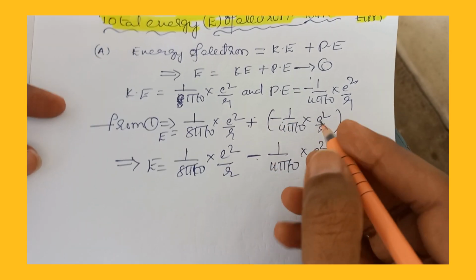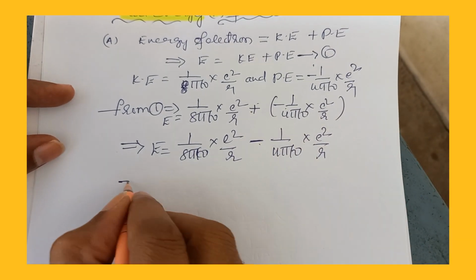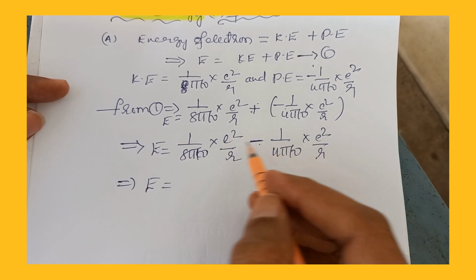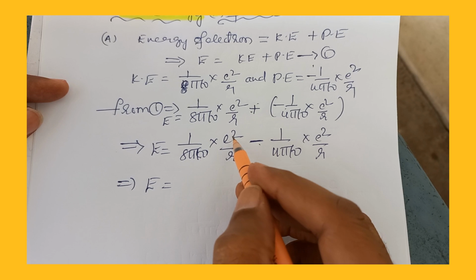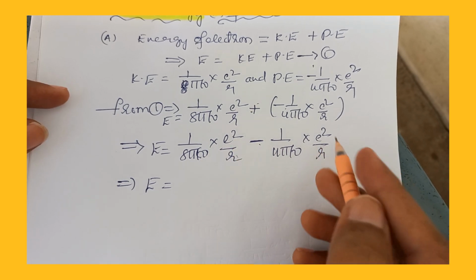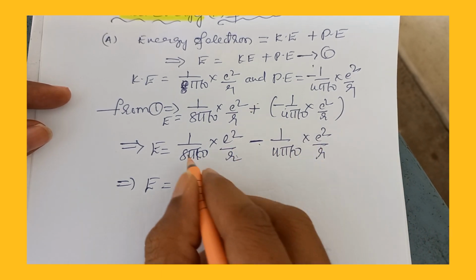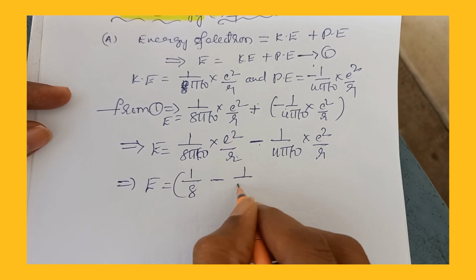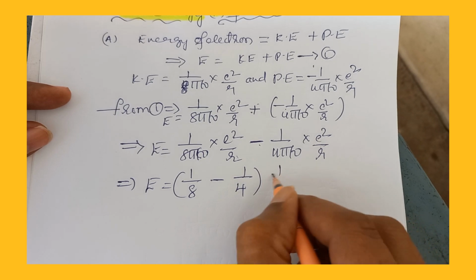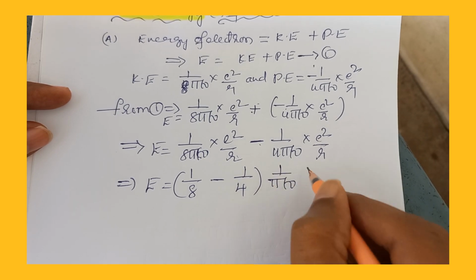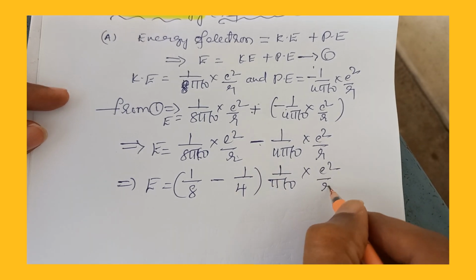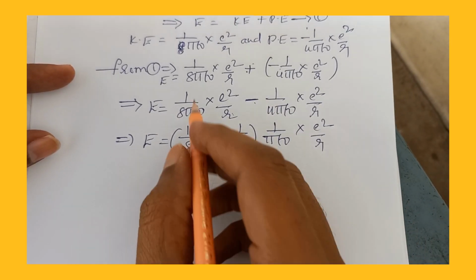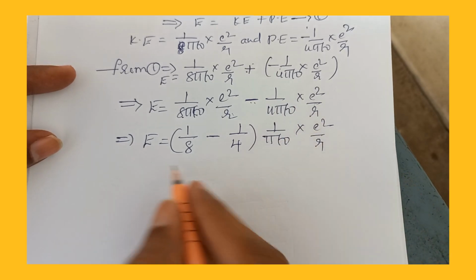Here plus into minus. So now E is equal to, you can see in both parts 1 by pi epsilon naught e square by r is the common quantity. That is why 1 by 8 minus 1 by 4 into 1 by pi epsilon naught e square by r. So this quantity is taken out as a common quantity. Remaining 1 by 8 minus 1 by 4.